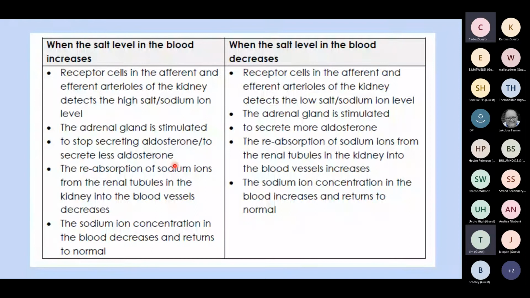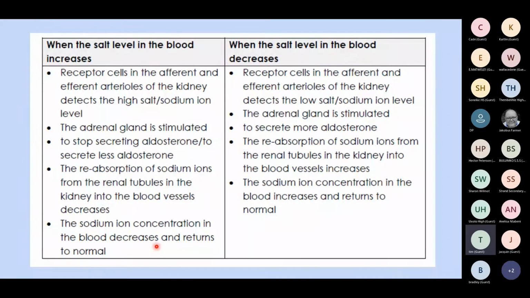Kidney. What happens in the kidney? Reabsorption of sodium decreases in the renal tubules. The imbalance is now back to normal. How? Sodium ion concentration will decrease and return back to normal.